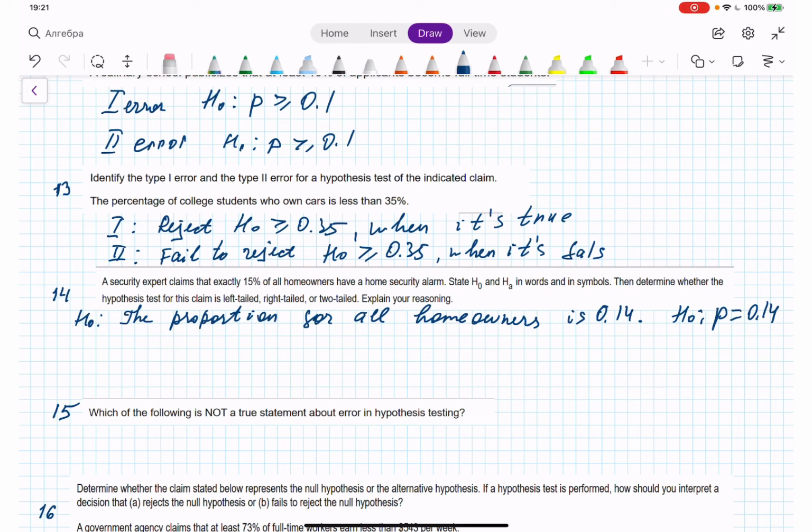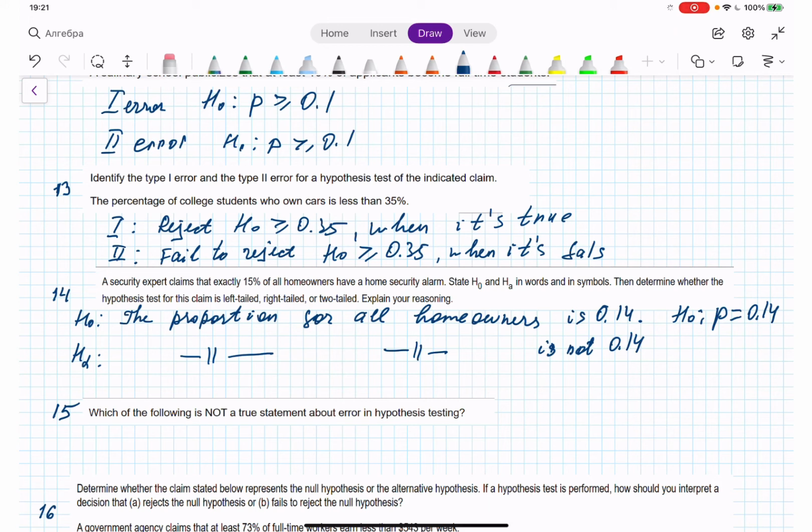Okay, now let's do the same thing for the alternative hypothesis. The alternative hypothesis expressed in words is the following: the proportion, and I'm putting dashes here because it's the same wording, for all homeowners who own a home alarm, is not equal to 0.15.